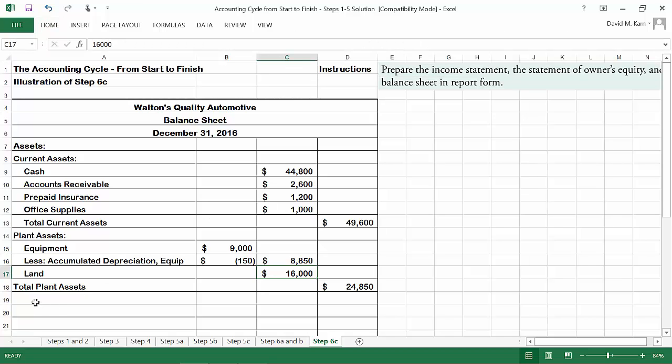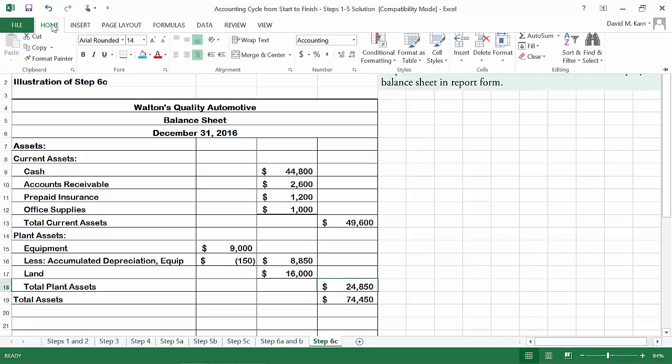Now we can add up our total assets. Indent that there. Total plant assets plus our total current assets will equal our total asset figure. So we will take the 49,600 plus the 24,850, and we see that we get $74,450.